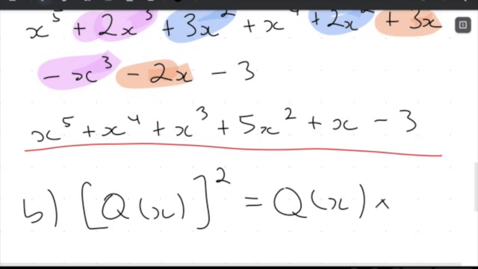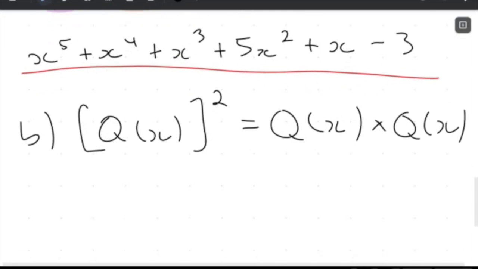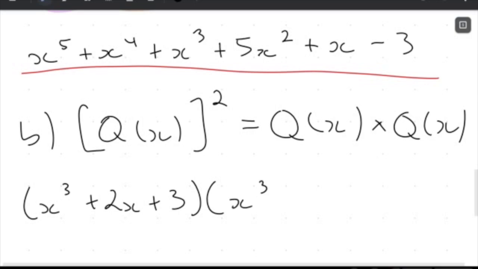So in essence, we're trying to find q of x times q of x. So I take my polynomial. Q of x is going to be x cubed plus 2x plus 3, and it's squared, so I can just multiply it by itself.